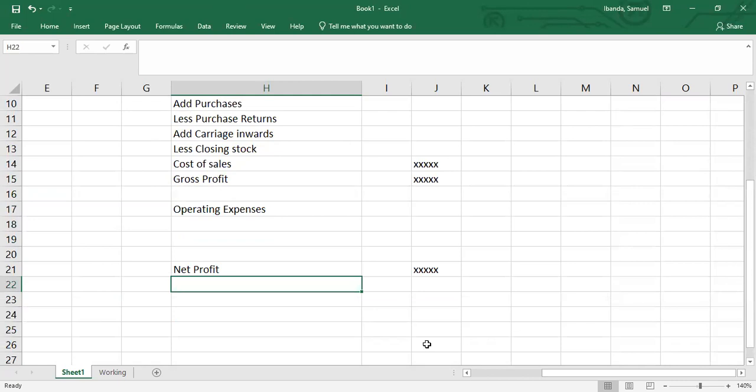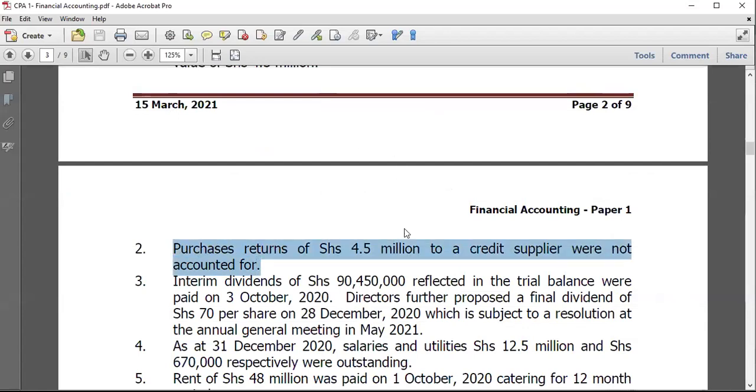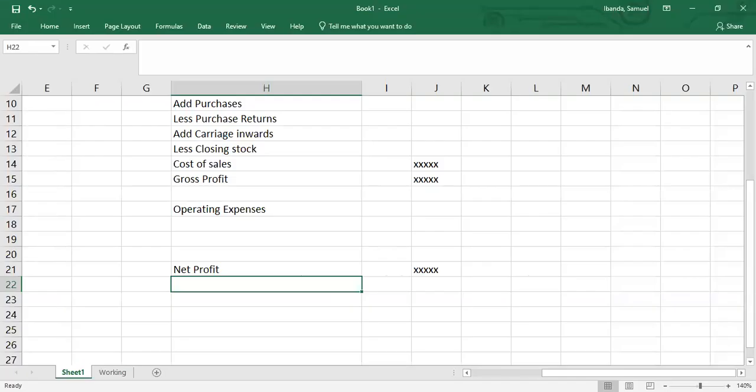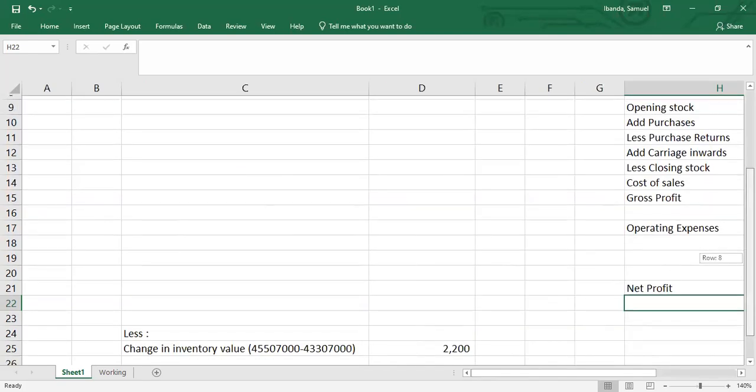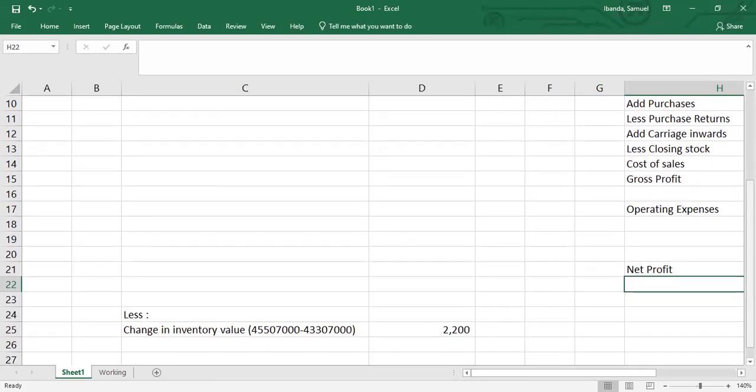So in this case, these purchase returns of 4.5 not being accounted for means that if we account for them now, they are going to affect our profit in a positive way.